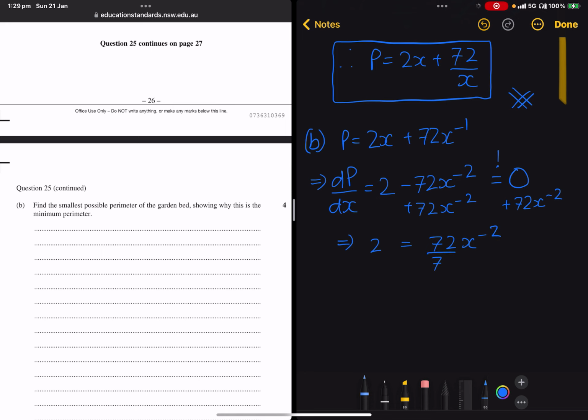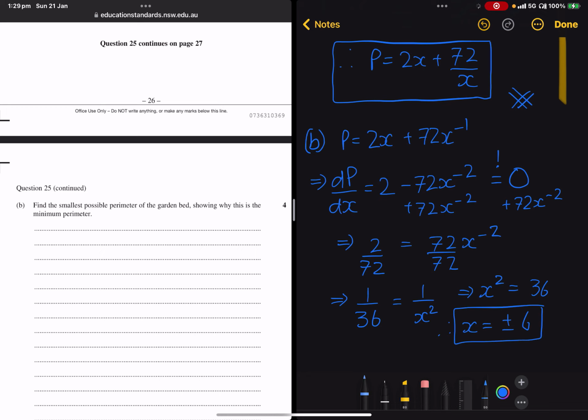Divide both sides by 72. So that gives me 1 on 36 is equal to 1 on x squared. Now you rearrange this, you'll get x squared is equal to 36. So this means x is plus or minus 6.